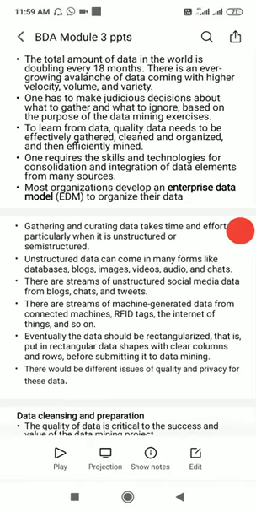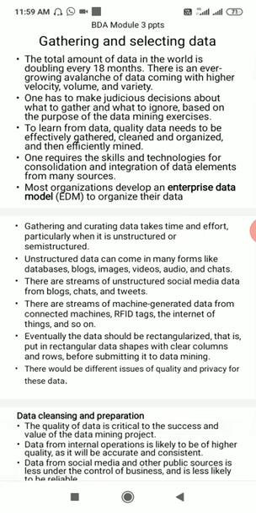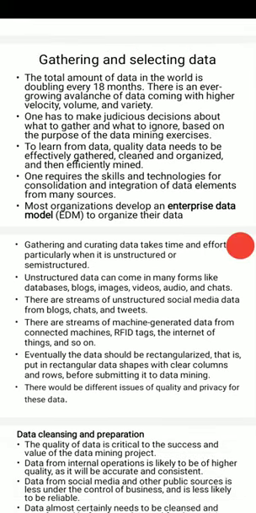And coming to volume, the data comes in a huge volume. Variety, as I told you many times, means the data might be structured, semi-structured or unstructured.